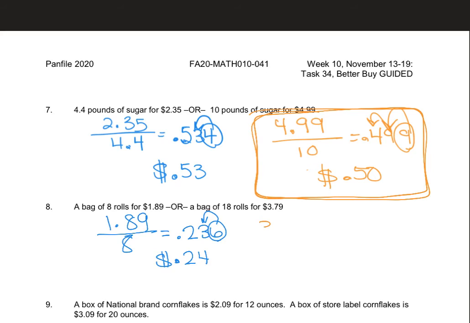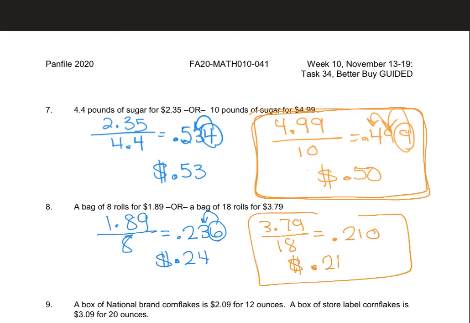And then 3.79 divided by 18. 0.210. The 0 does nothing. And I think all my better buys were on the right, but that was not by design. I did not do that on purpose, but the 21-cent rolls, 21 cents per roll is our better buy there.